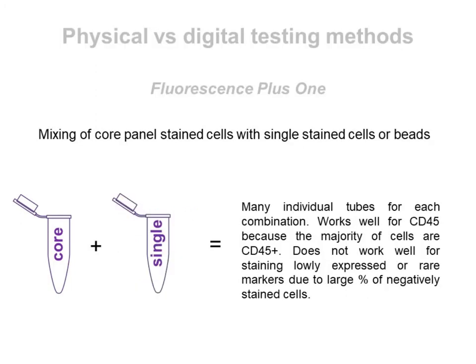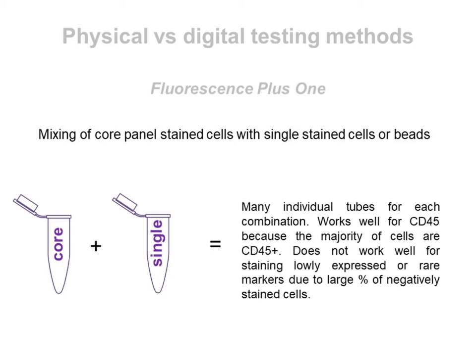So the other approach is you could stain a large number of cells with one of the core panel antibodies, and then use an aliquot of the stained cells to be spiked into the single stain cells or even beads.